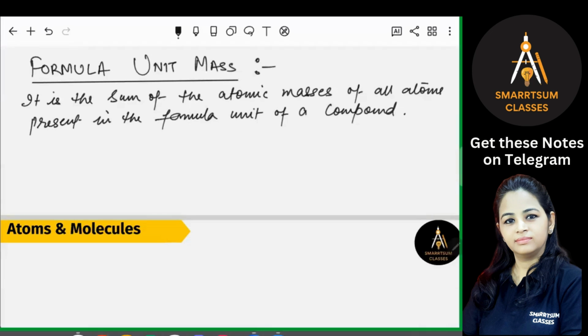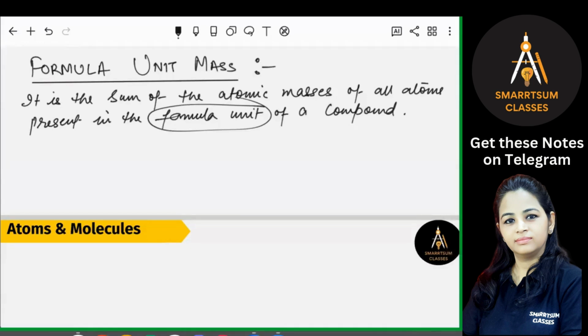So now let's see what is formula unit mass. Formula unit mass is the sum of the atomic masses of all the atoms present in the formula unit of a compound. Formula unit mass is calculated in exactly the same manner as we calculate the molecular mass. There is no difference, except that instead of molecular mass, we use the term formula unit mass.